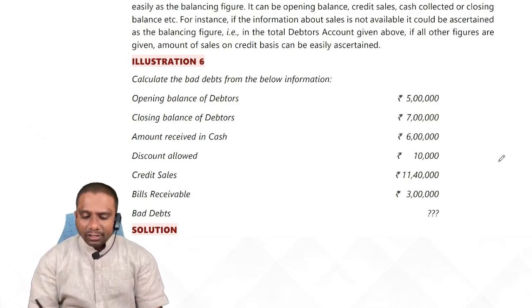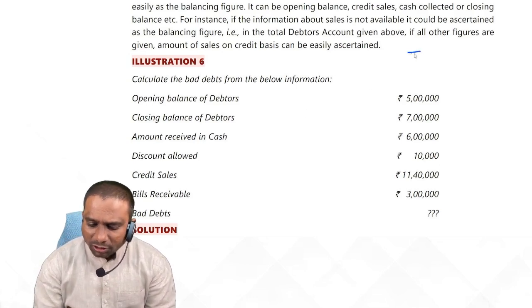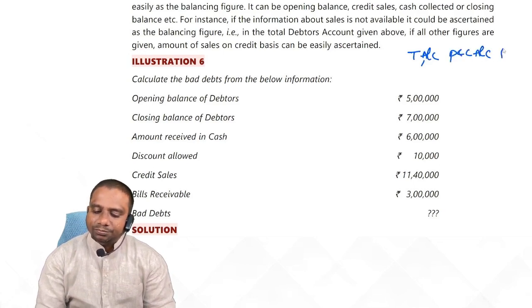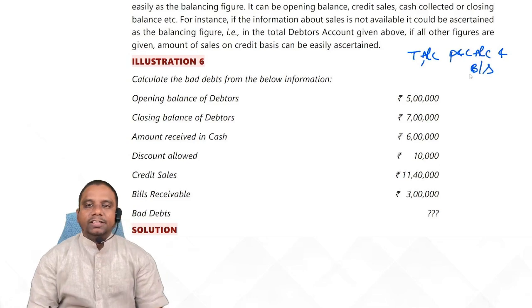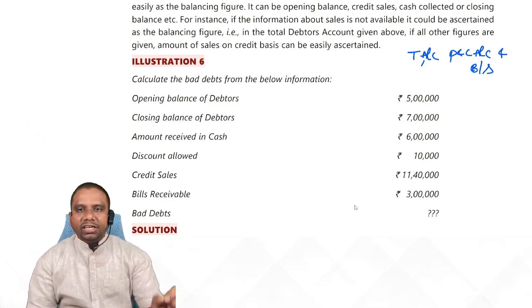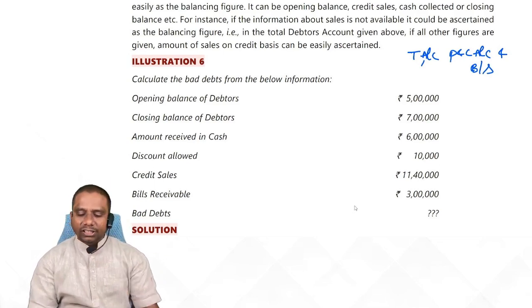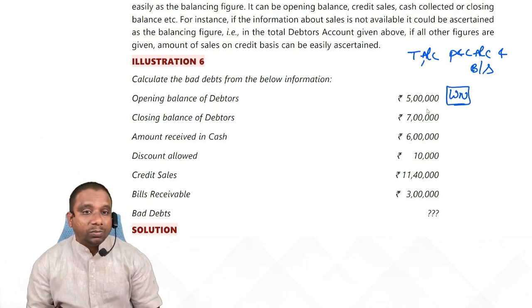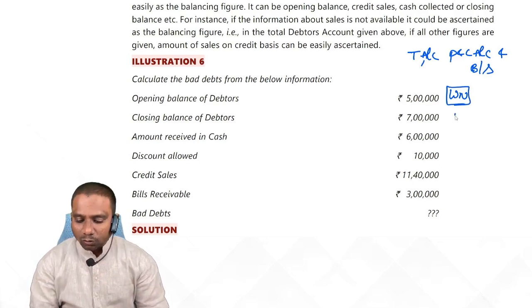Observe here. First, draw the format of trading account, profit and loss account, and balance sheet. Along with these three, we also prepare working notes. What are the working notes?